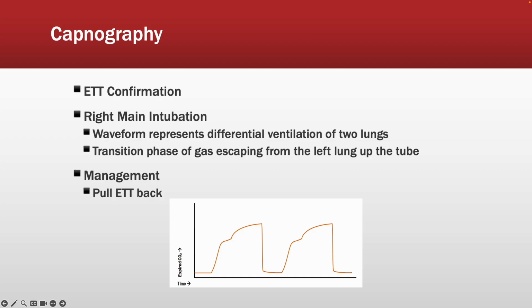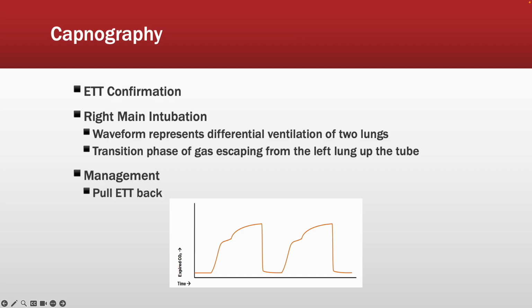When we have that, we'll have a waveform that represents differential ventilation of two lungs. So you'll actually see this little cleft in the waveform itself because you're getting air coming from two different sources, and not at the same time.